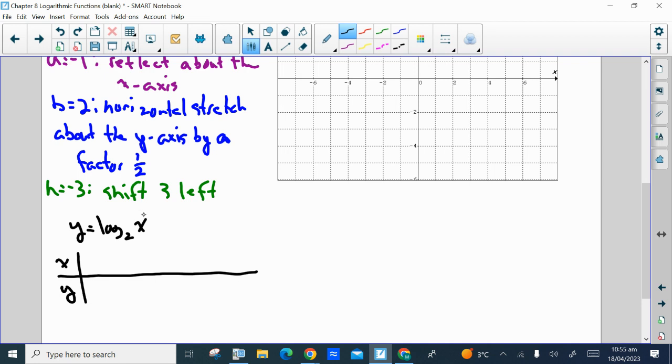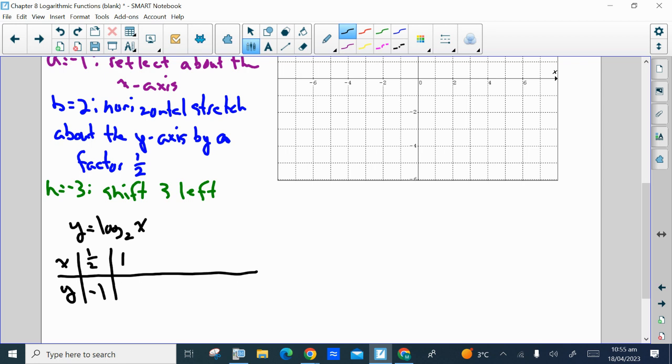Whatever we put in for x here, we want to know 2 to what power will equal that value of x. Okay, Josh? You with us? Good. So x must be something that we can write 2 to some power to equal that number. Okay, so I can let x equal a half. When x is a half, 2 to what power is a half? Well, 2 to the negative 1 will give us a half.